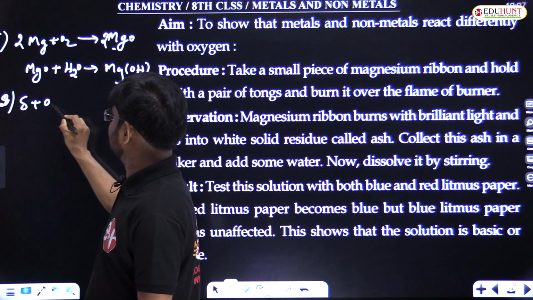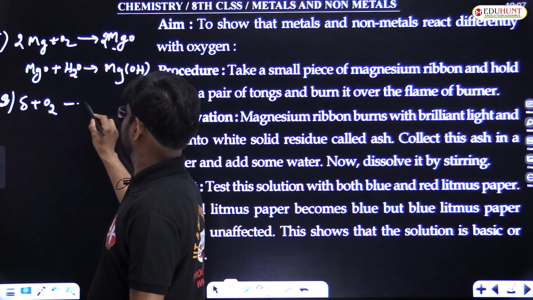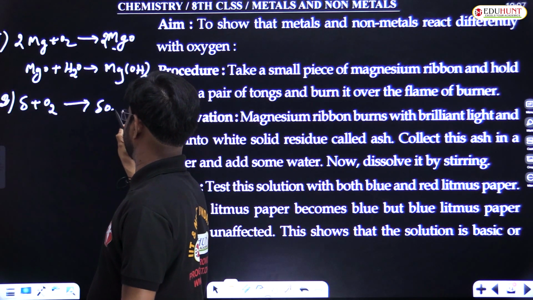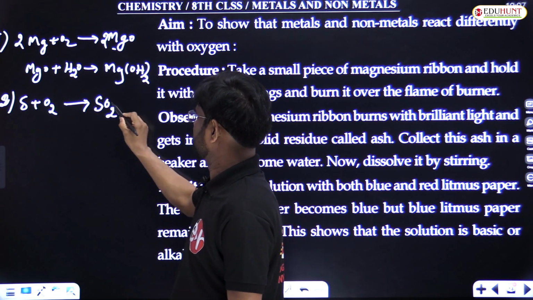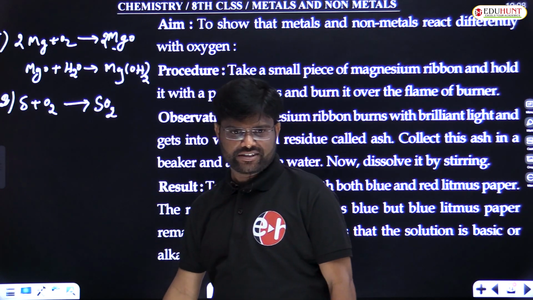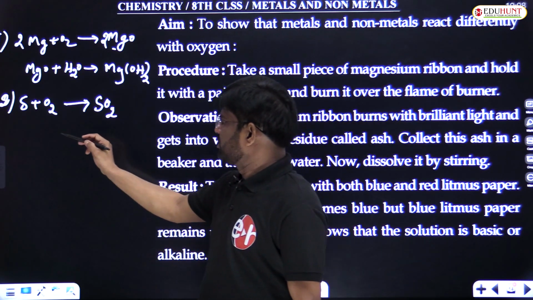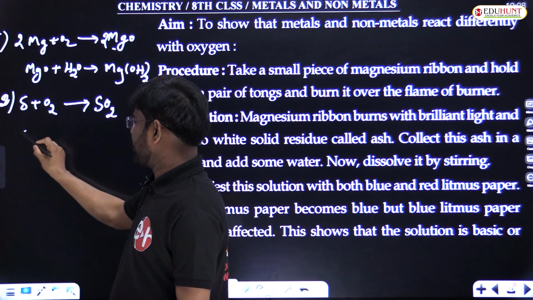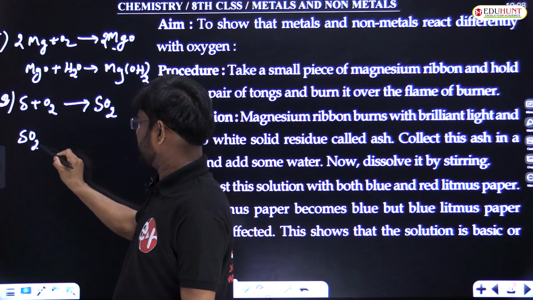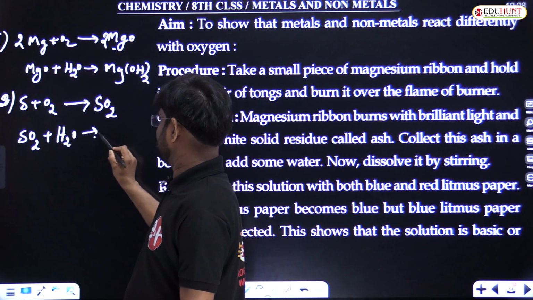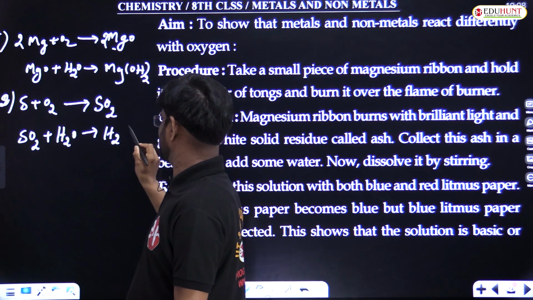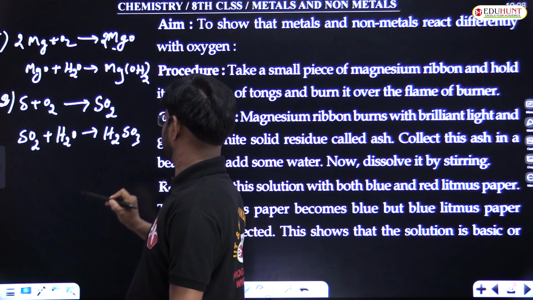Sulfur burns in the presence of oxygen to form sulfur dioxide, SO2. The produced sulfur dioxide again reacts with water and forms sulfurous acid, H2SO3.